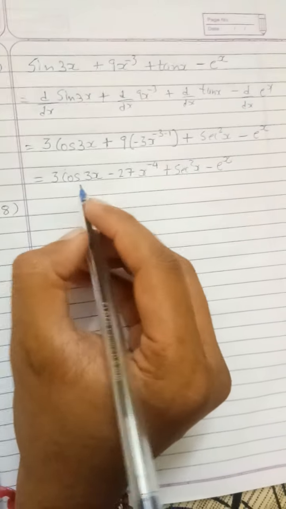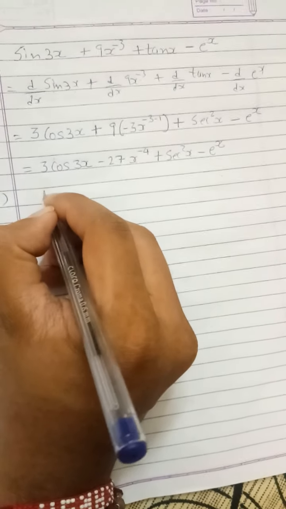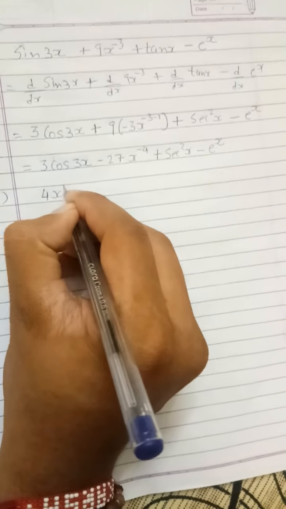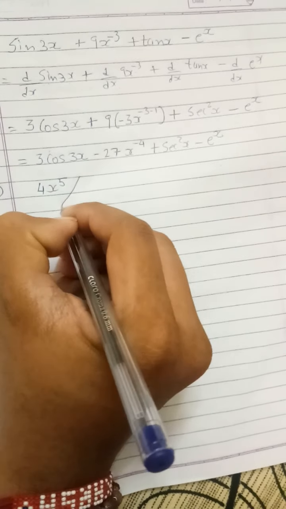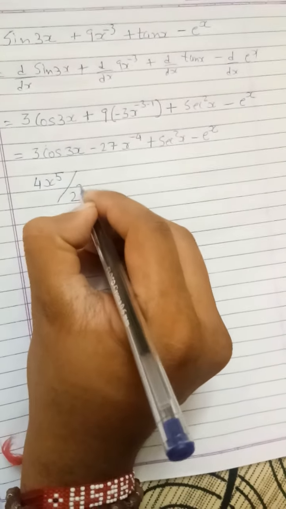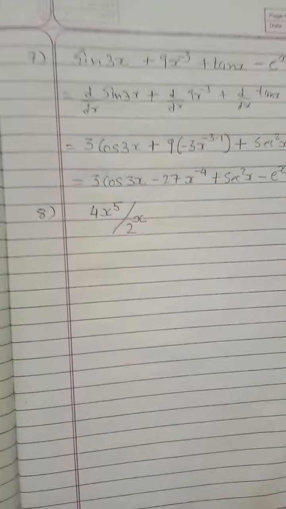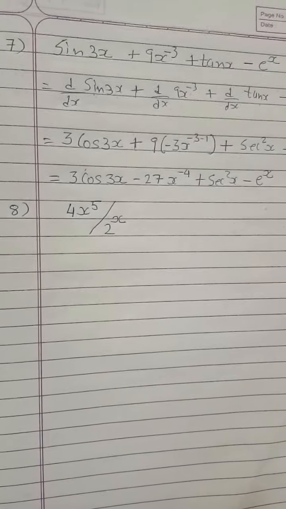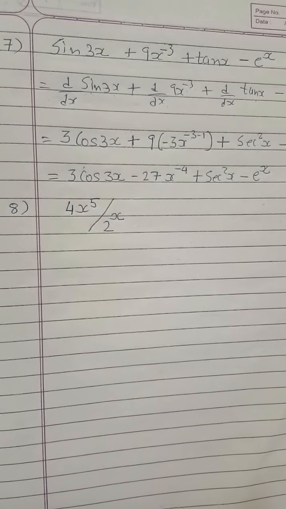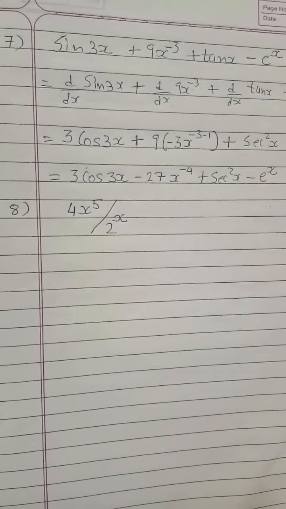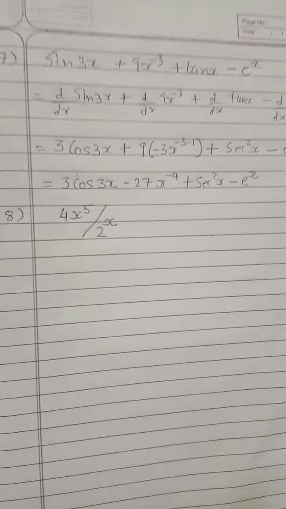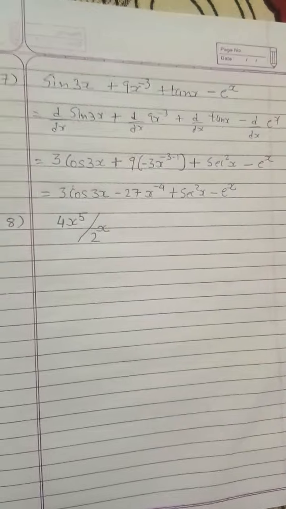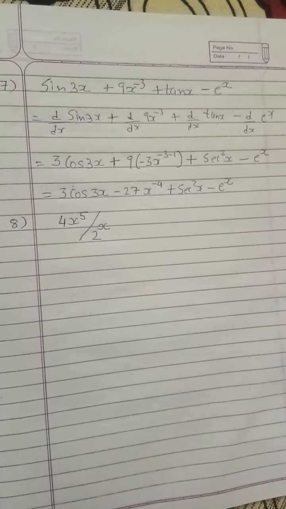Okay, now if it is given 4x raised to 5 whole divided by 2 raised to x, you can see there is a quotient, divide is given, so we are using the quotient rule.